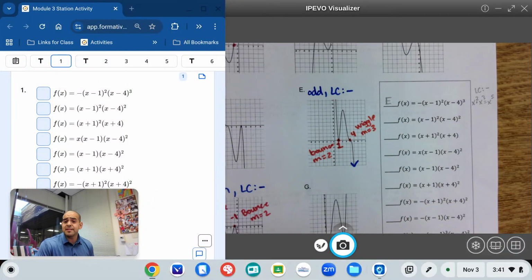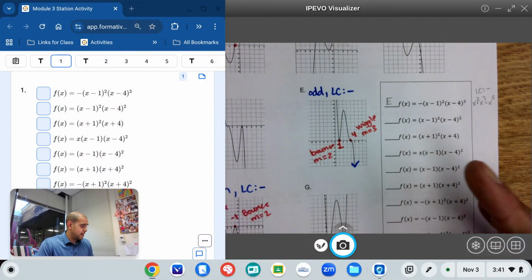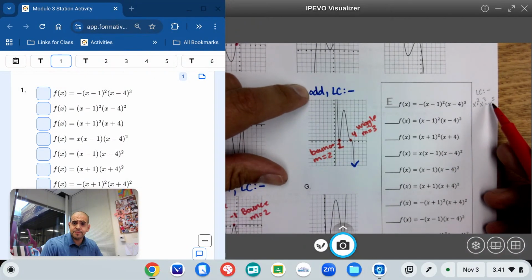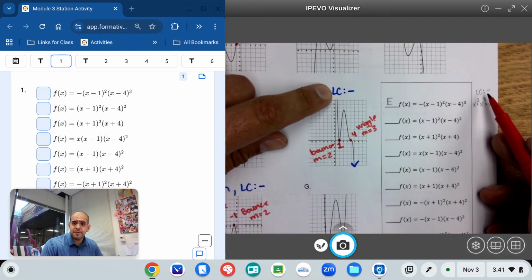Like I said, if this is all new to you or you were absent on a day, I would encourage you to go back to those notes and fill them in. There was a video for these notes. So does that match with what's going on over here? It does, because it's an odd function. Leading coefficient is negative.